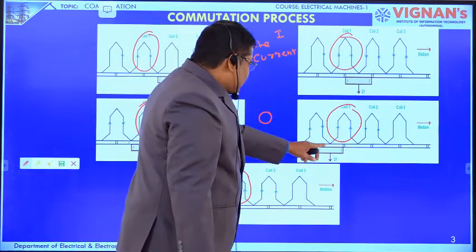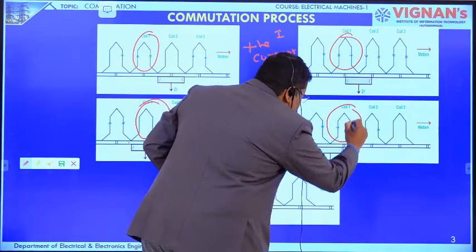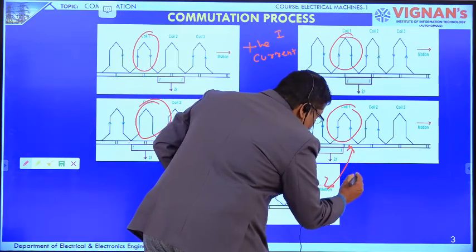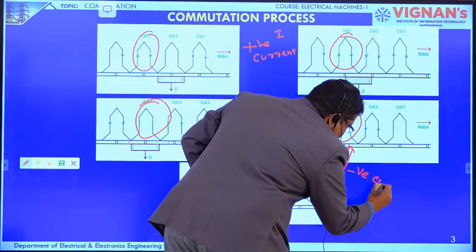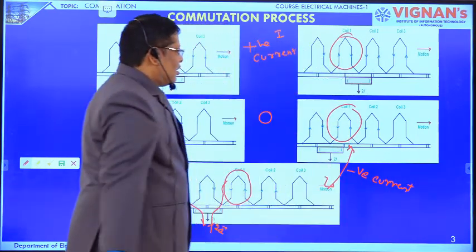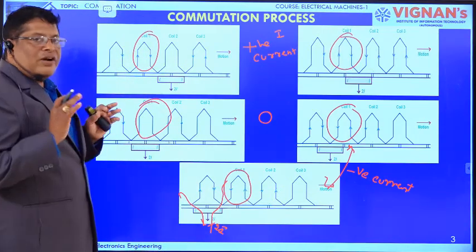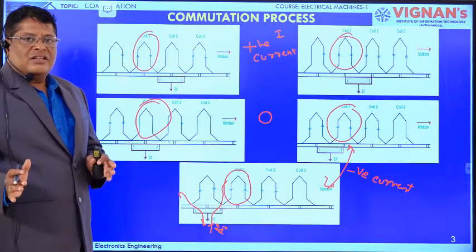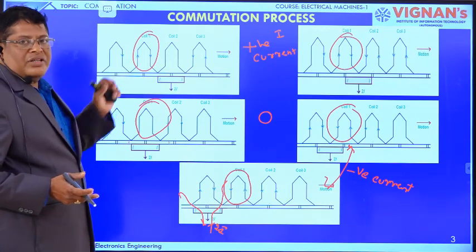Again in case 4 and case 5, coil 1 is carrying a negative value of current. Nothing but when the commutation process is starting, coil 1 is carrying a positive current. When the commutation process ended, the current of the coil becomes a negative value, which we can observe from this diagram.